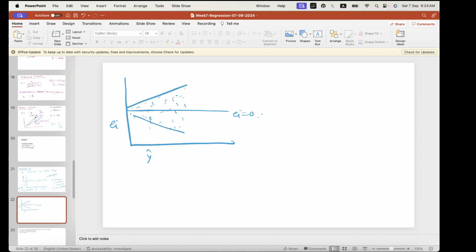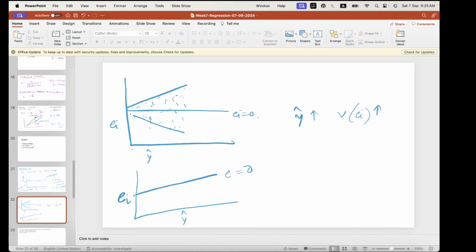This means that as y hat increases, the variance of e_i is increasing, because the scatter or range of e_i is increasing.